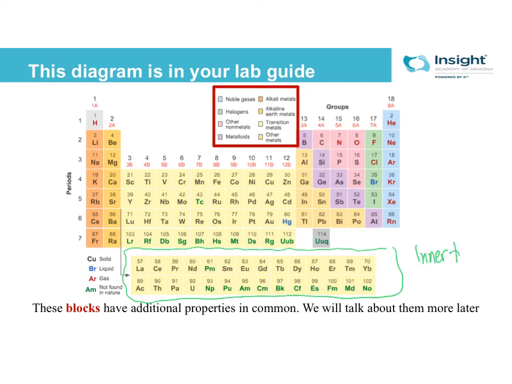Not that that's in your guide. Again, we'll talk about what these have in common later. The blue ones are your noble gases, purple are your metalloids.